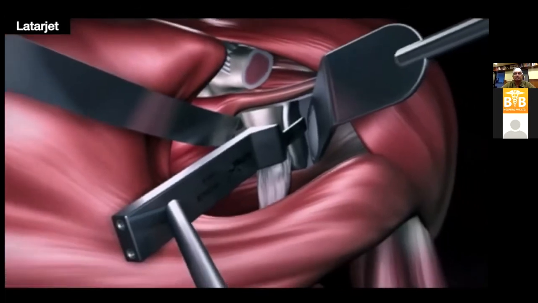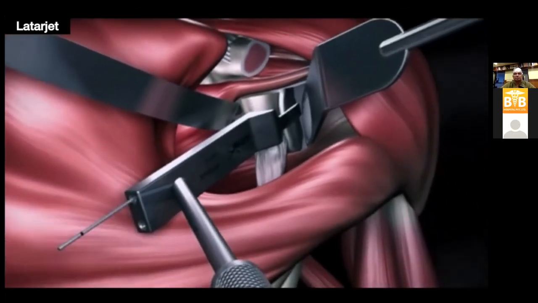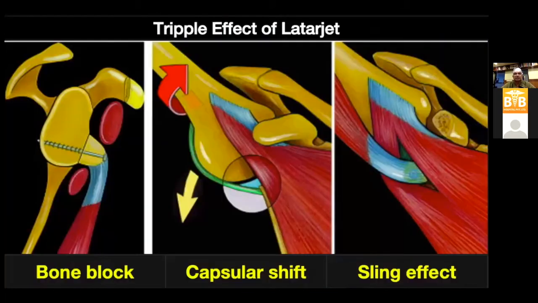So the Latarjet procedure is a very important procedure, and it has the triple effect of Latarjet, which is the most commonly asked question to our residents as well. These 3 effects are: first, it acts as a bone block, a stopper. The second is that if you do a true Latarjet, you can use the coracoacromial ligament and do a capsular shift as well.